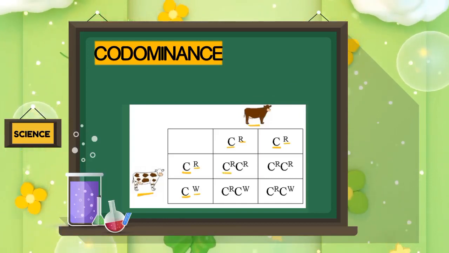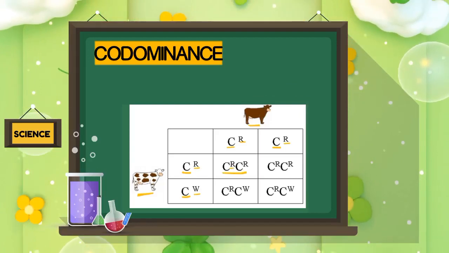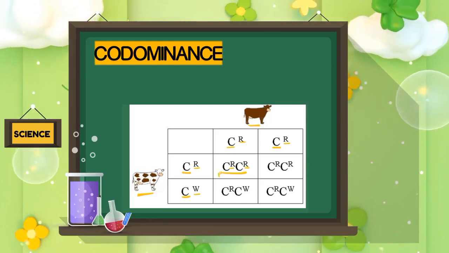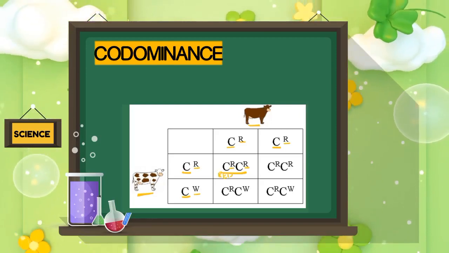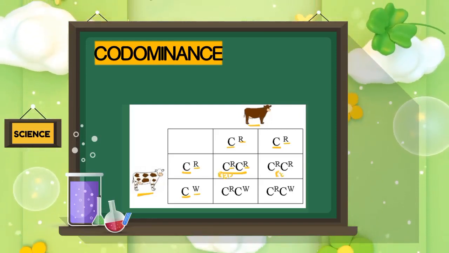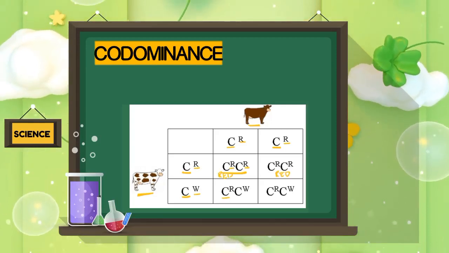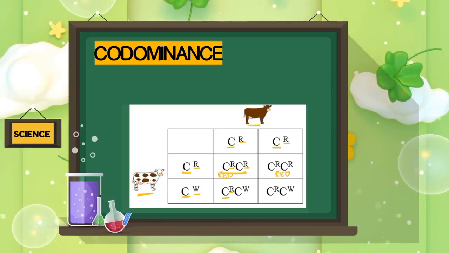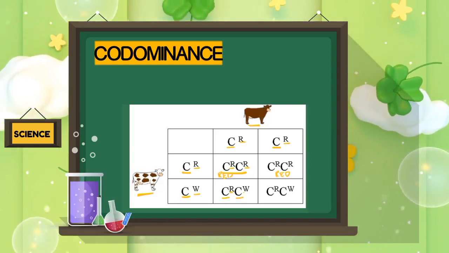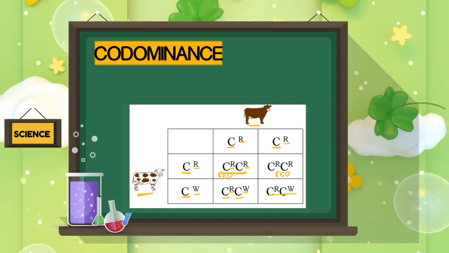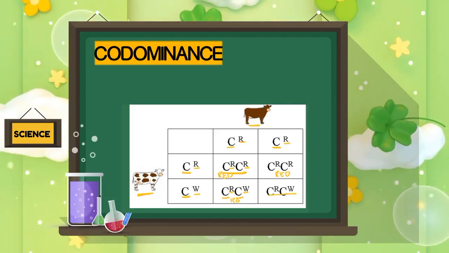As you can see, meron tayong pair ng uppercase letter C with a superscript letter R. Ibig sabihin, red coat ang phenotype ng offspring na to, so ganon din sa second offspring. Dito naman, meron tayong uppercase letter C with a superscript letter R paired with uppercase letter C with superscript letter W, at ganon din sa last offspring.